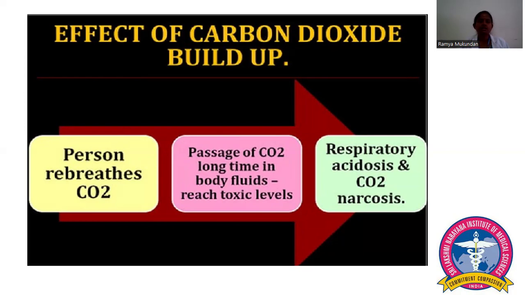We all know that the partial pressure of carbon dioxide is about 40 millimeters of mercury. But what happens here due to collection of excess carbon dioxide? The partial pressure of carbon dioxide increases to about 60 to 80, almost double the normal range. So what will it do? It results in respiratory acidosis, leading to carbon dioxide narcosis.